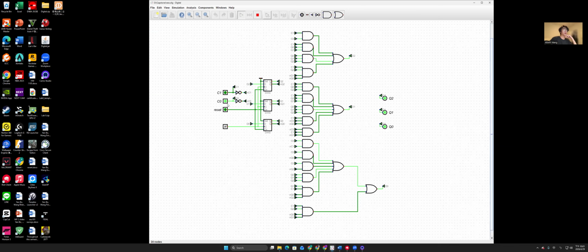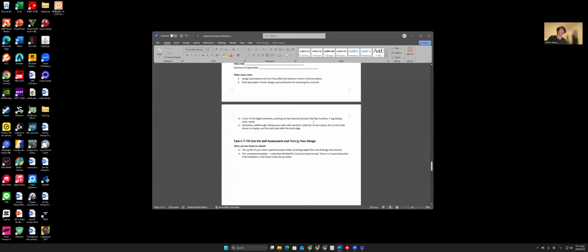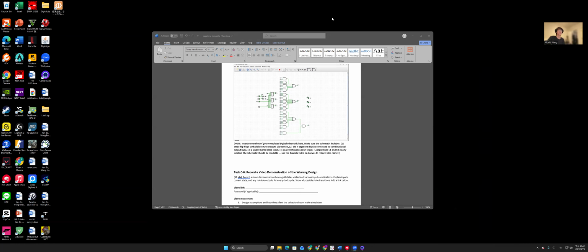Now I have to reset it. If I press C0 and the clock, Q0 becomes 1, and the rest of the outputs basically don't change. I guess that's it.